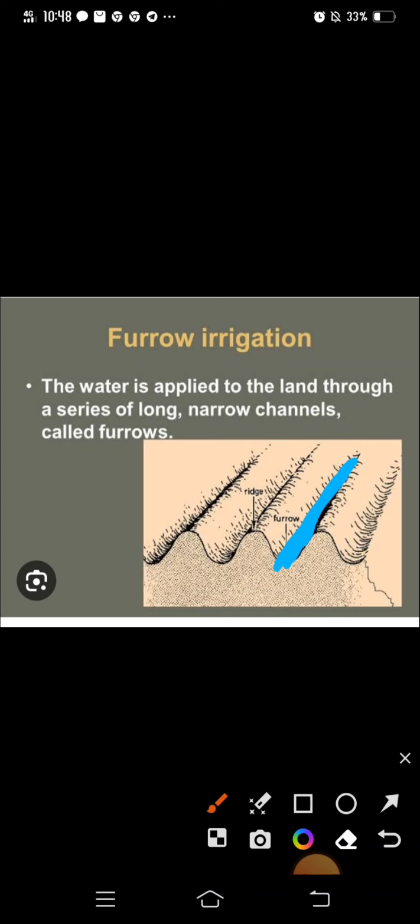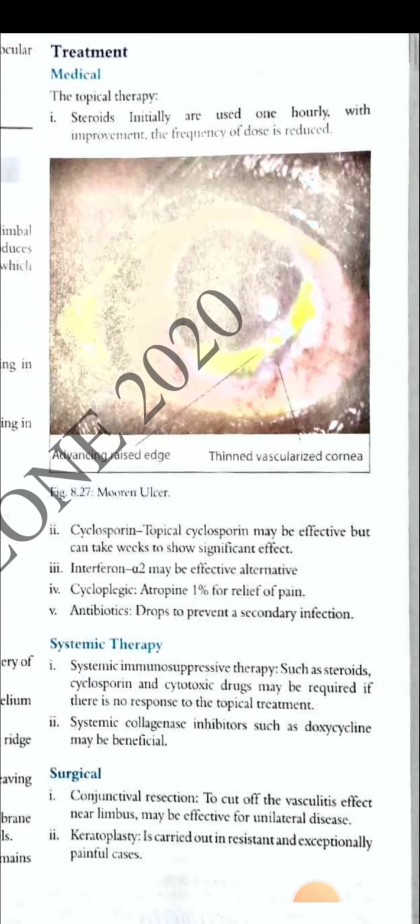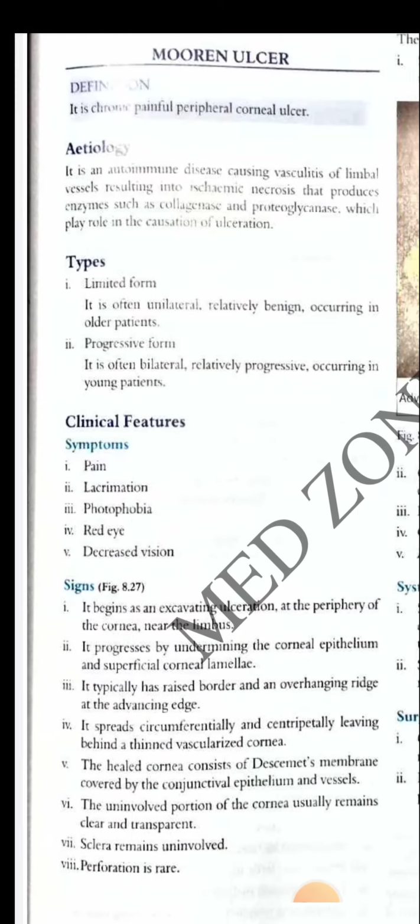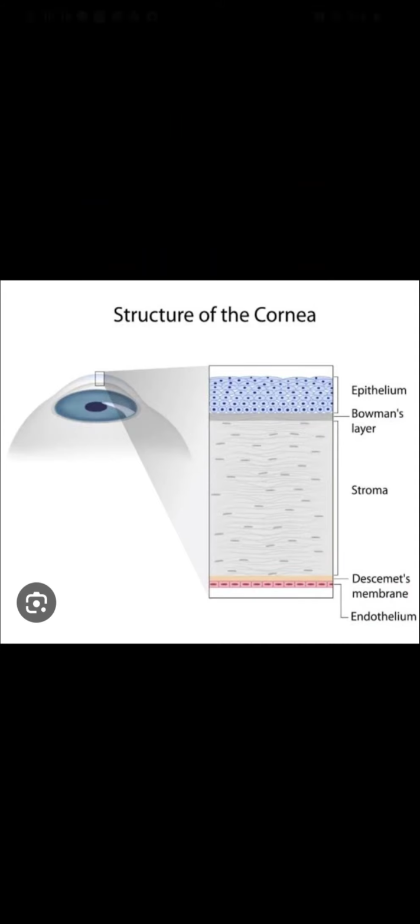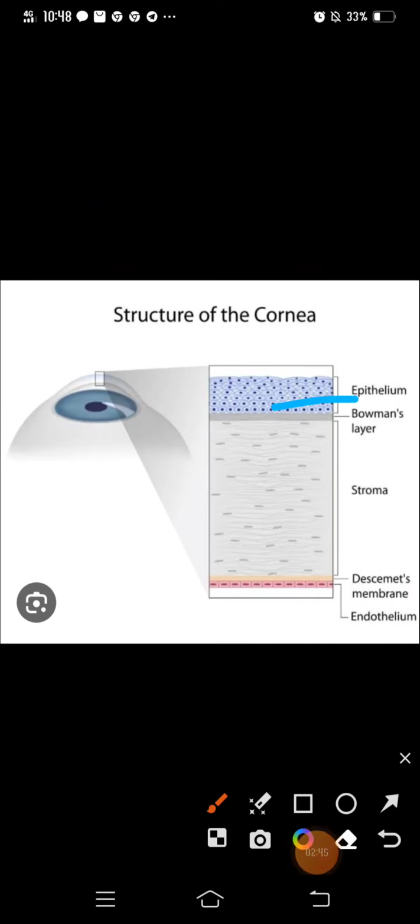But it is a superficial ulcer. Here a shallow furrow is formed, not a deep furrow like rats form in the soil, because all the corneal layers are not involved in this case. It is also a very rare condition, and in this case only the epithelium, Bowman's layer and superficial stroma are involved.